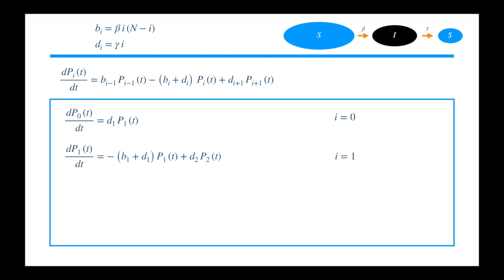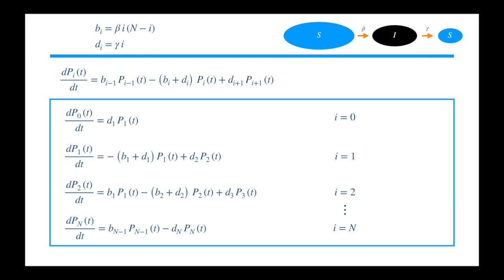For I equal to 2, we get the full house. We just substitute 2 for I, and so on to n minus 1. For I equal to n, the b part of the second term will be 0 because b_n will equal 0. And the last term will be 0 because the number of infectives can't be greater than n, which is the total size of the population.